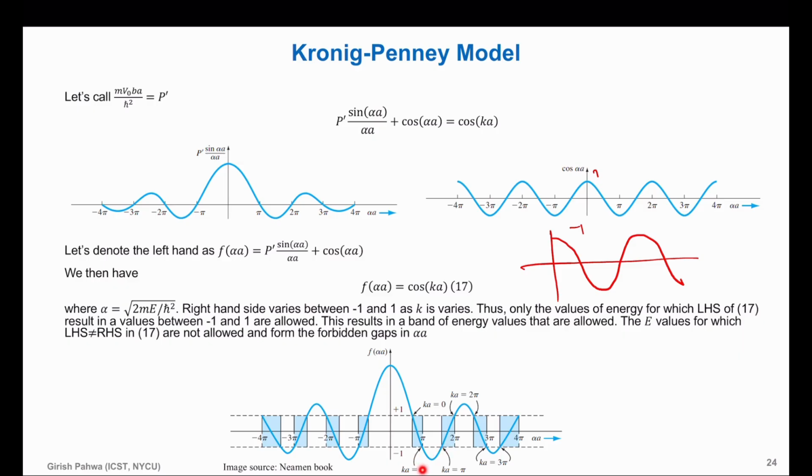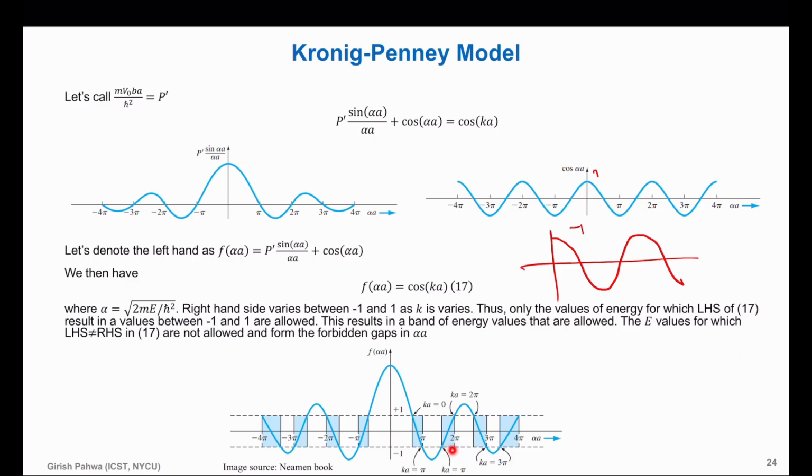So you were at pi, and you again start from pi and go from pi to 2 pi. Again, this is allowed. This allowed range I am showing with a band. So what is on the x-axis? Alpha a, basically energy. Alpha is energy, under root of 2 m e by h square. So all of these energy values are allowed.